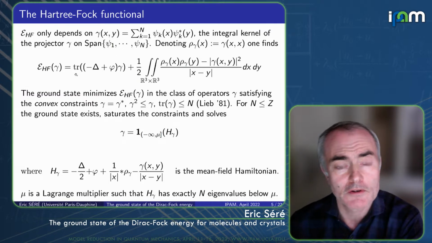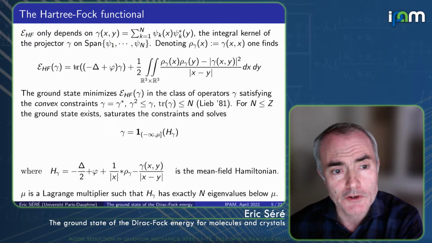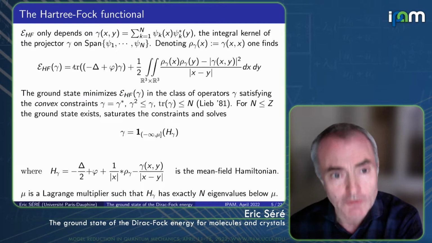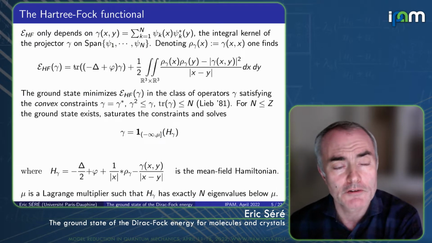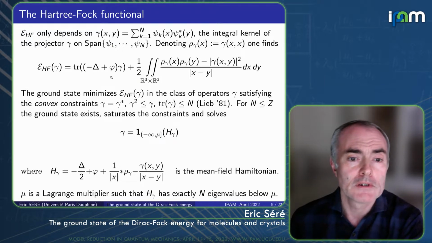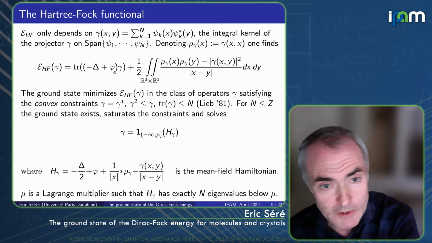First, you have a term where interactions between electrons are not taken into account. It's the trace of minus Laplacian plus phi times gamma. Minus Laplacian accounts for the kinetic energy, and phi accounts for the electrostatic energy of the electrons in the field of the nuclei.